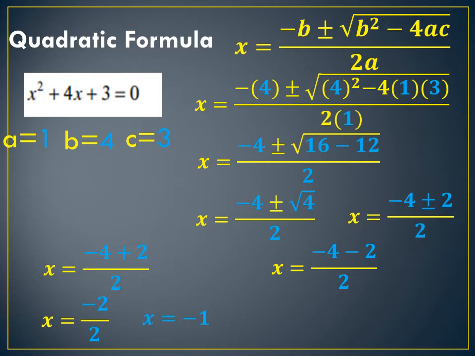So for the second one, you have negative 4 minus 2. They have the same sign, therefore it becomes negative 6 over 2. Why? Because you add same signs, then copy the common sign. So you have 4 plus 2, 6, then copy negative.